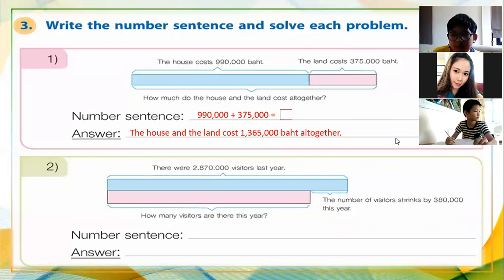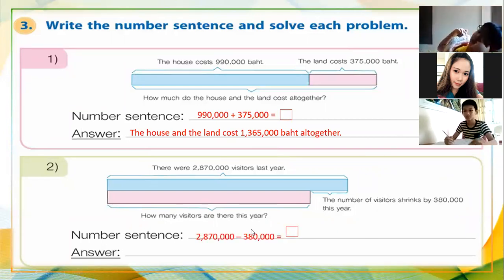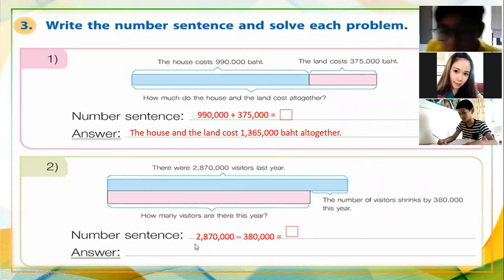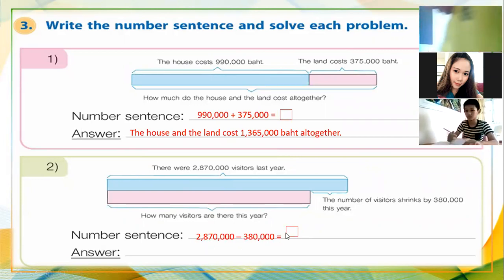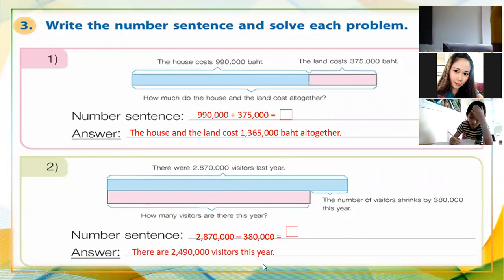So from last year's visitors, 2,870,000, we will subtract the shrink amount of visitors, which is 380,000. If we deduct 380,000 from 2,870,000, we are going to have the answer.